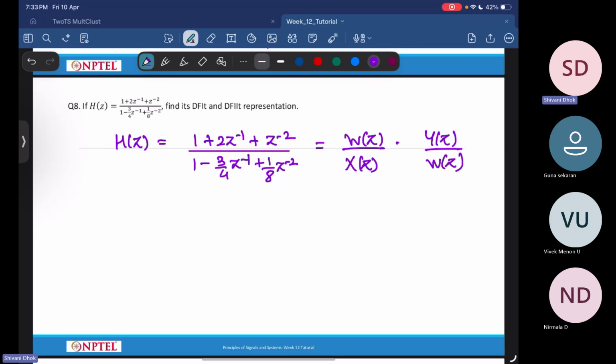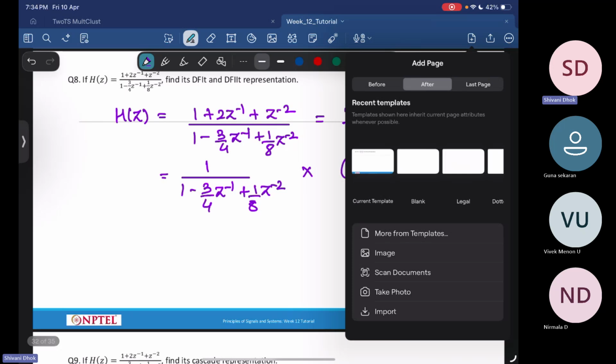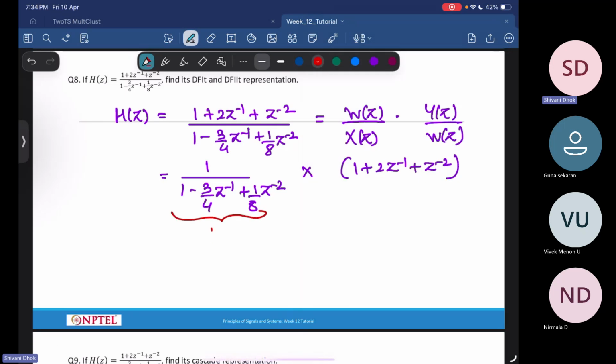So again, the same trick I'll do. I'll write this as 1 upon 1 minus 3 by 4 z inverse plus 1 by 8 z to the power minus 2 multiplied by 1 plus 2z inverse plus z to the power minus 2. So this is basically your H1 of z, and this is basically your H2 of z.